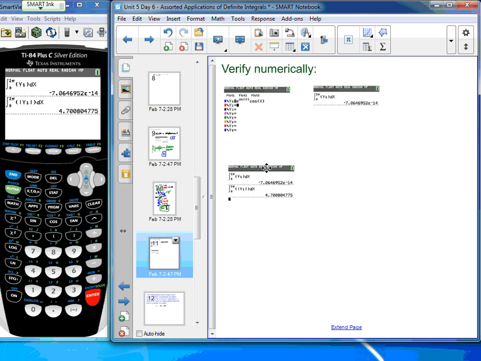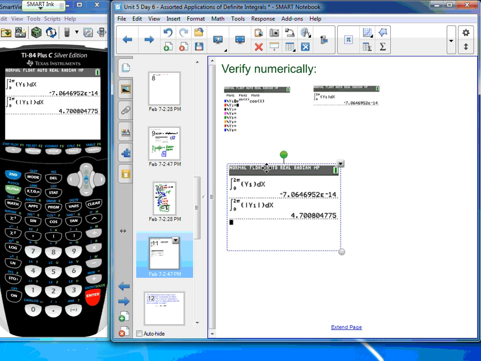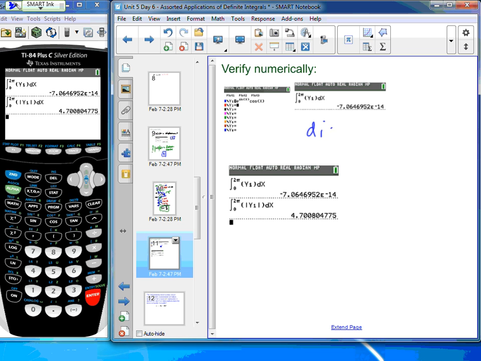All right, so here we go. Our calculator is approximating our displacement as 0. That's good news. It's giving us our distance traveled as 4.701.